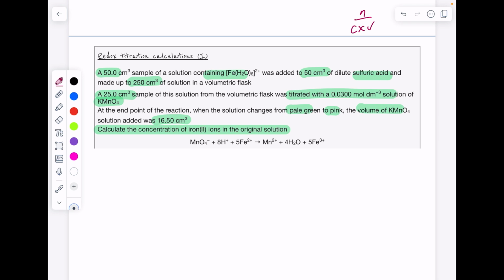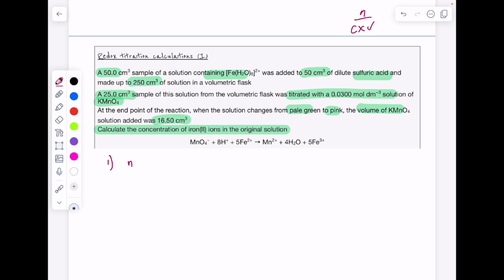Then we can use the stoichiometry in the equation to work out the number of moles of Fe2+ ions present in the 25 centimetre cubed sample. And then we'll multiply that number by 10 in order to gain the number of moles of Fe2+ in the original solution. And then we can finally sub our numbers back into here in order to find the original iron 2 concentration.